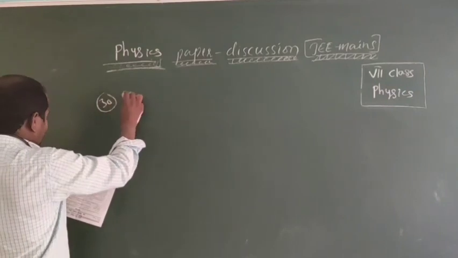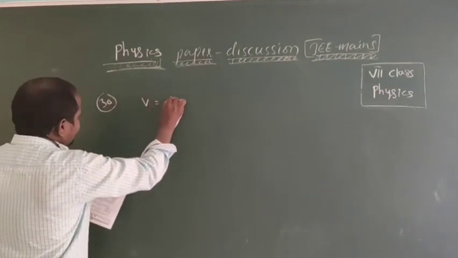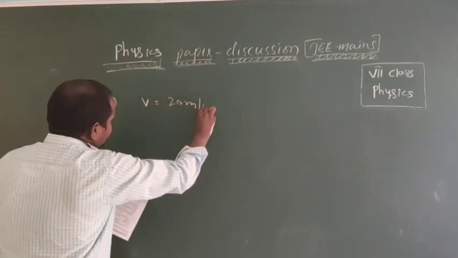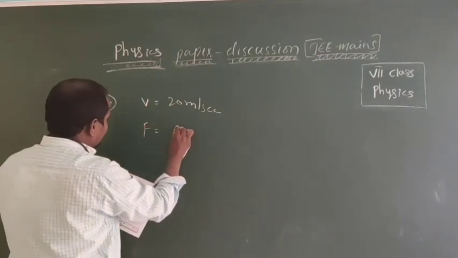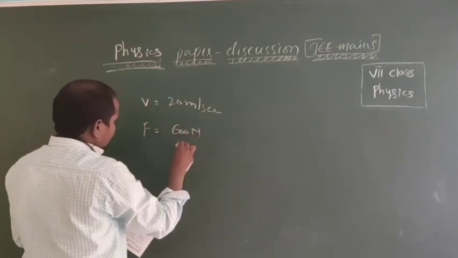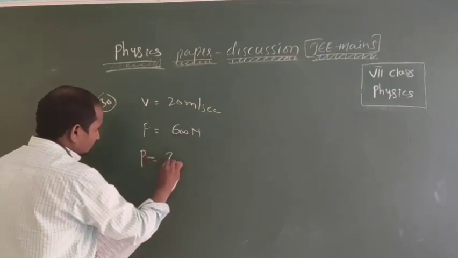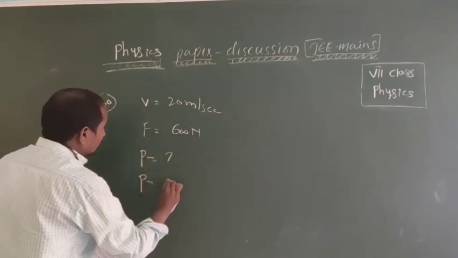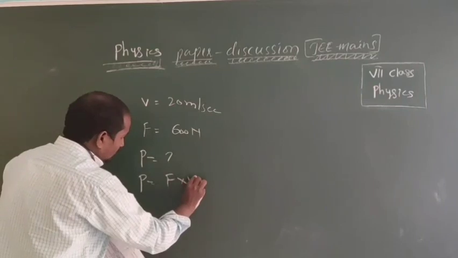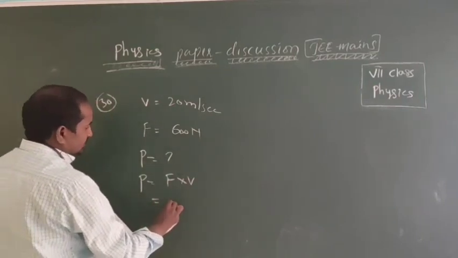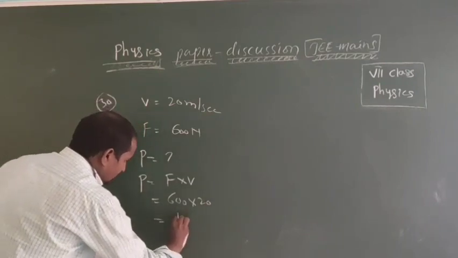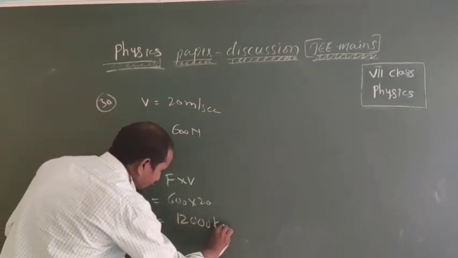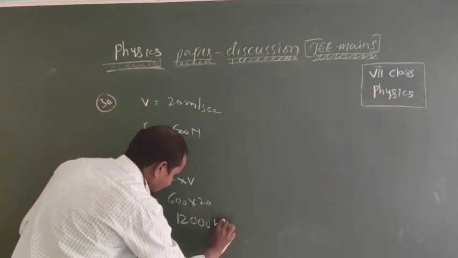Question number 30. V is given 20 meters per second and the force F is given that is equal to 600 newtons. Therefore, power equal to F into V, force into velocity. So 600 into 20 that is equal to 12,000 watts.